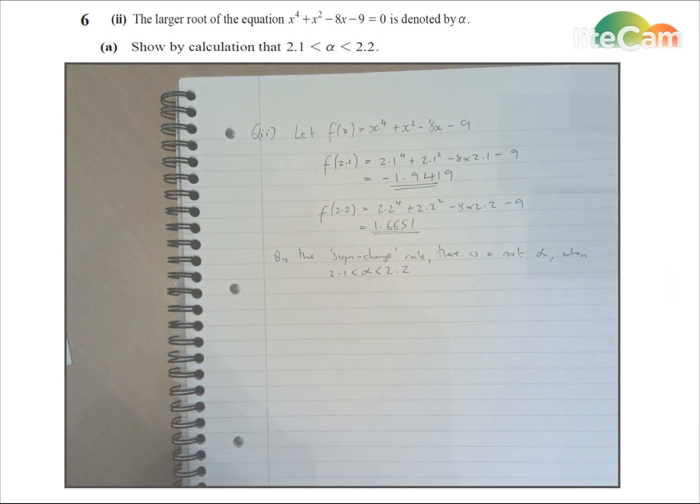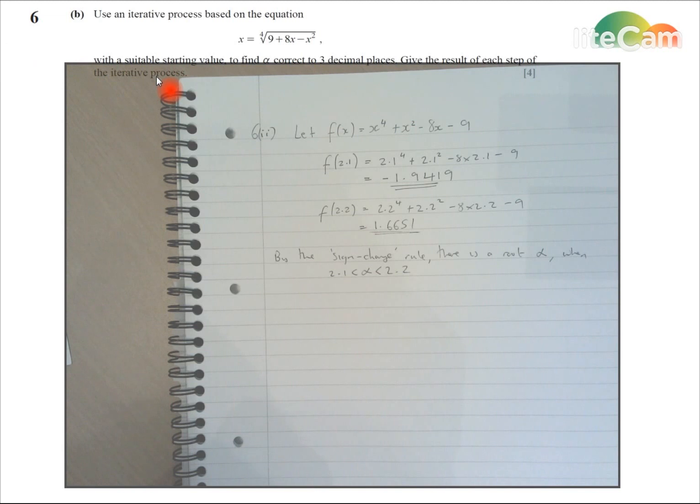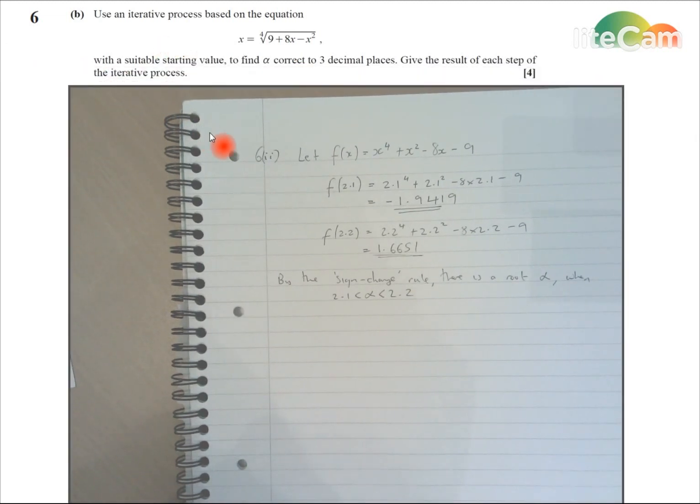Moving on to question 6, part 2, part B. Use an iterative process based on the equation x equals the fourth root of 9 plus 8x minus x squared with a suitable starting value to find alpha correct to 3 decimal places.